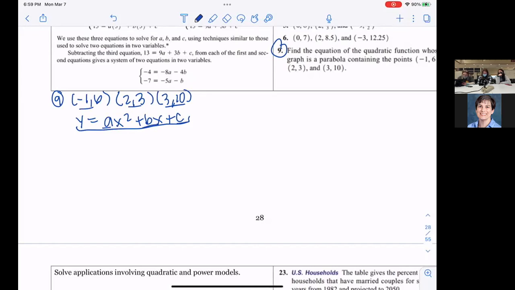So for the first one, for -1, 6, we're gonna plug in that 6 for y.